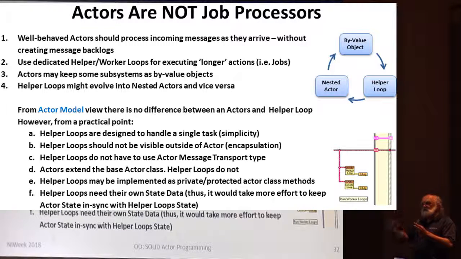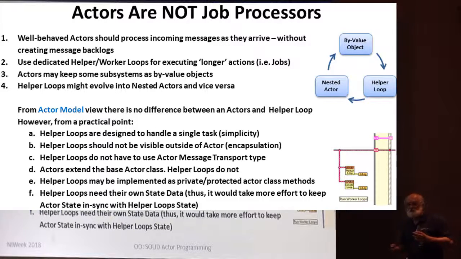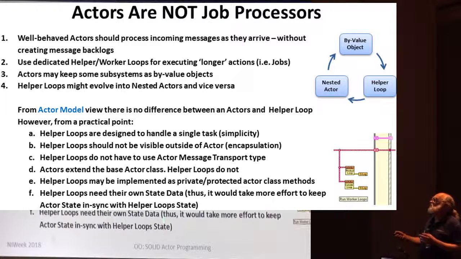It depends on how your actors evolve. Having said that, for the actor model of computation, this doesn't matter. It treats both actors and their helper loops as actors. But from the practical viewpoint, for us as developers, there is definitely a difference.